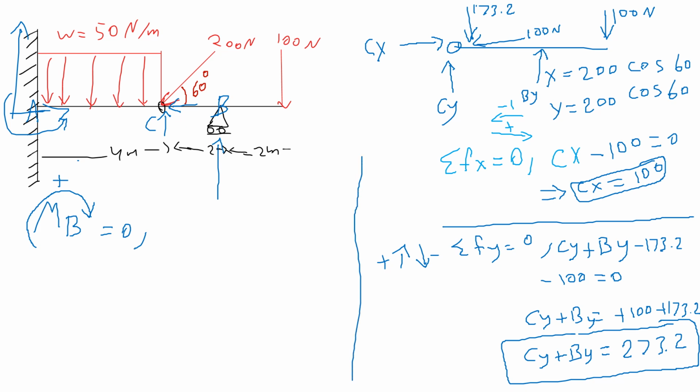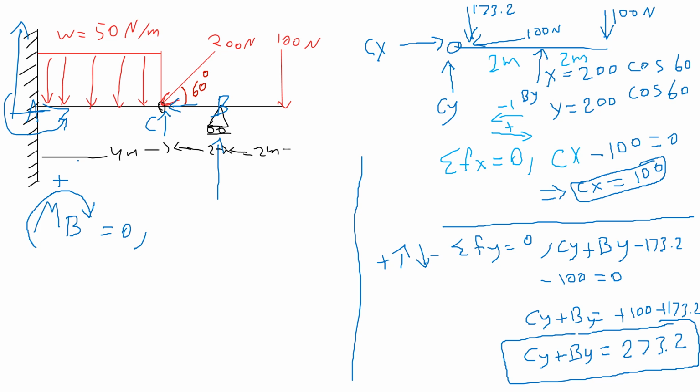So okay, what do I have? I have 100. Here the distances are, of course, valuable. We can't solve without the distances. So I'm going to say here is 2 meters, and here is 2 meters.